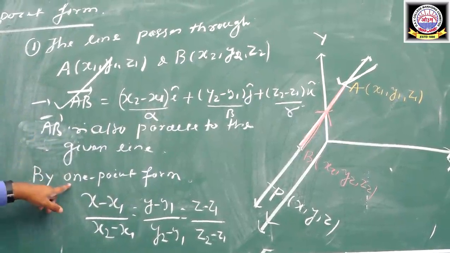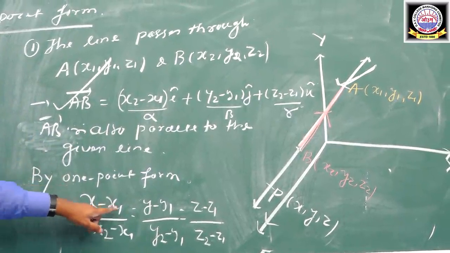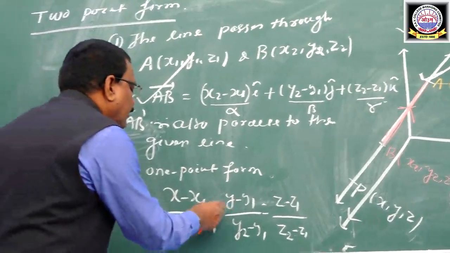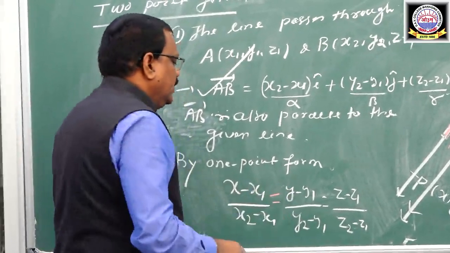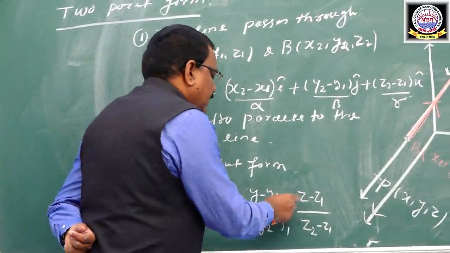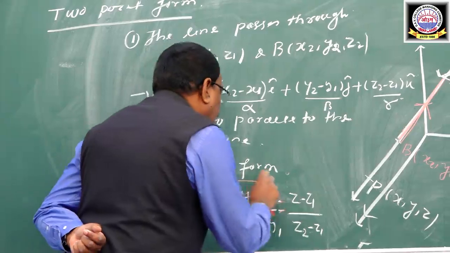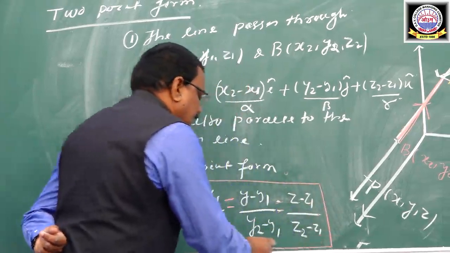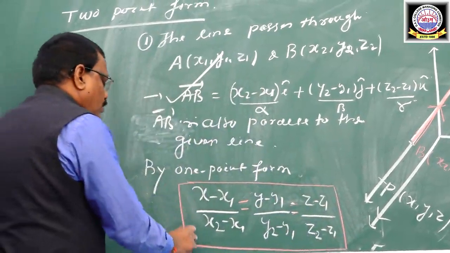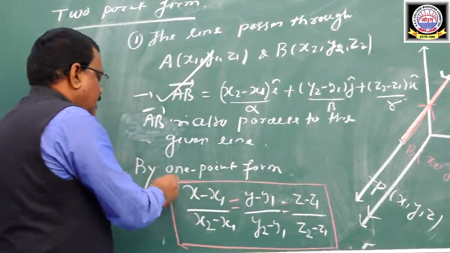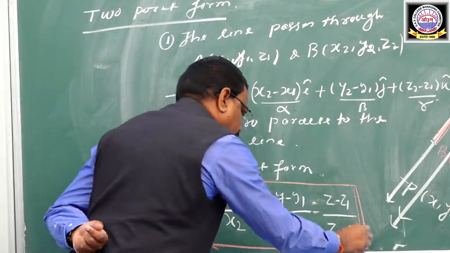So converting to the 1-point form, we got x minus x1 by x2 minus x1, y minus y1 by y2 minus y1, z minus z1 by z2 minus z1. It is the equation of the straight line in 2-point form.